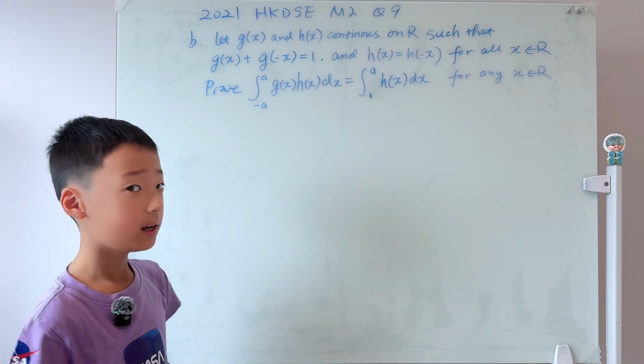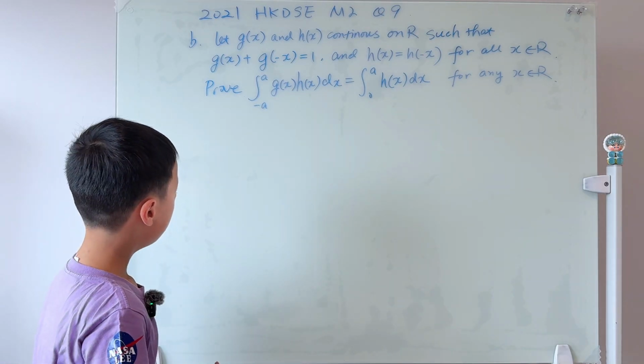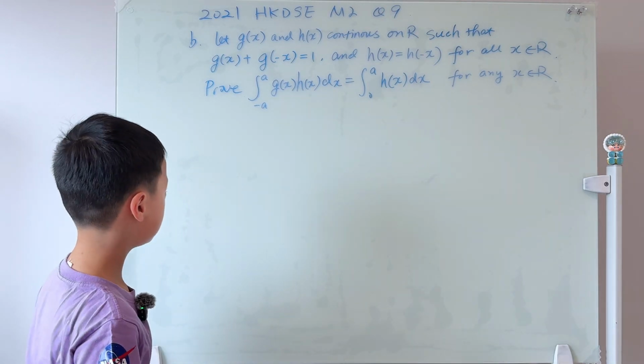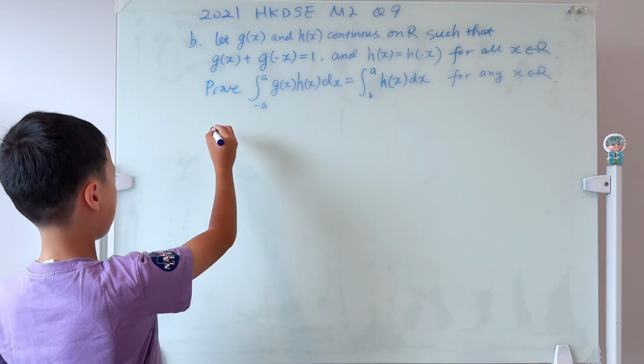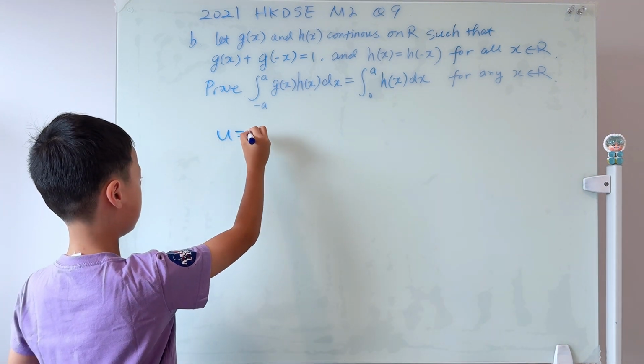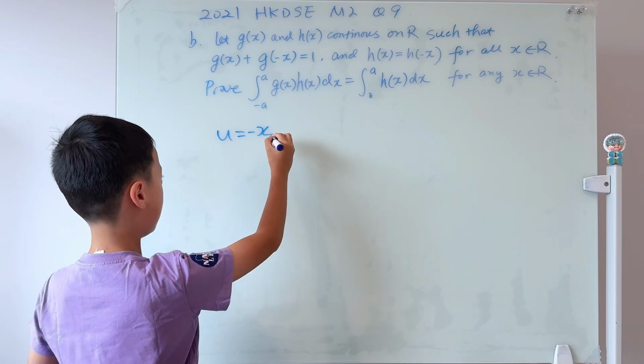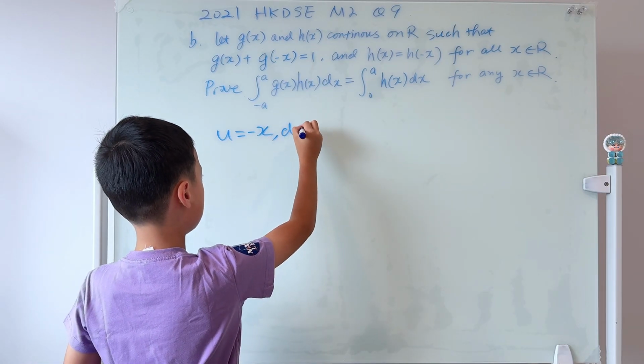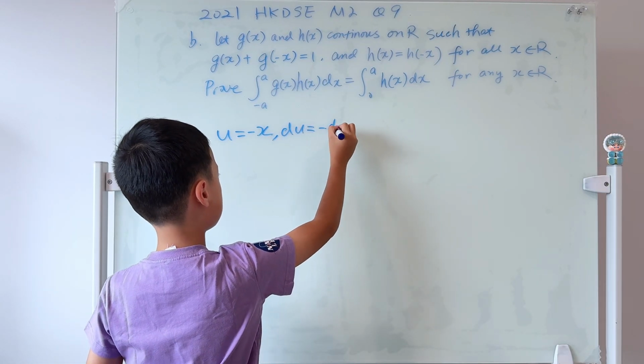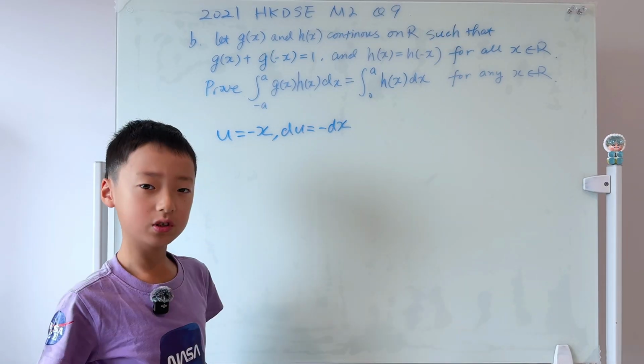Well, why don't we try a simple substitution? We let u equal negative x. Then du will equal negative dx. We also need to change the bounds.